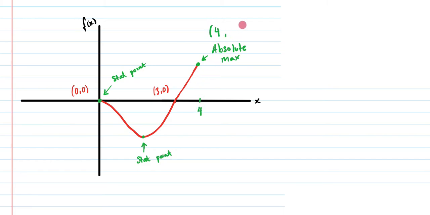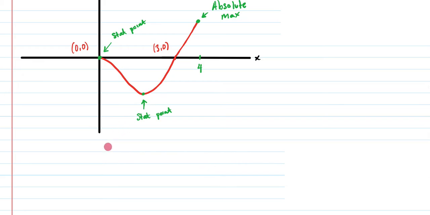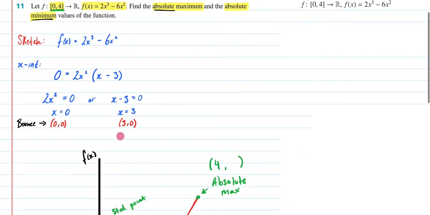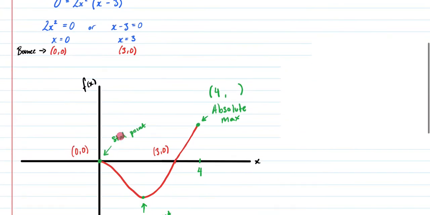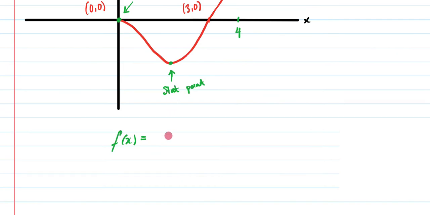And to find what my y is going to be, I simply sub that 4 into my f of x. So let's scroll down here. What is my f of x? It's 2x cubed minus 6x squared. So now let's figure out what I'm going to get.